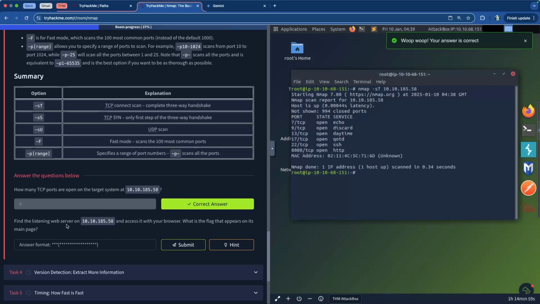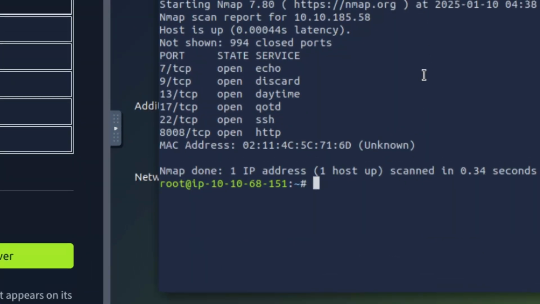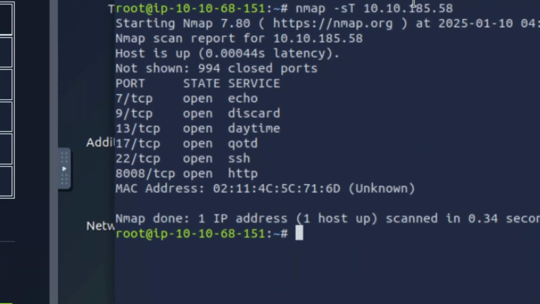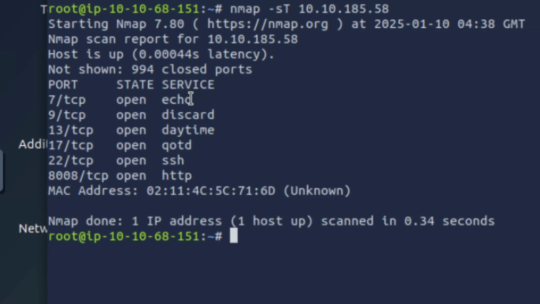And find the listening web server on that IP address and access it with your browser. What is the flag that appears on the main page? So if we look at these things just to see what the services are, okay? So this is an echo service on port 7. This is a discard service, which essentially is kind of the equivalent of null, which just gets rid of whatever goes there.